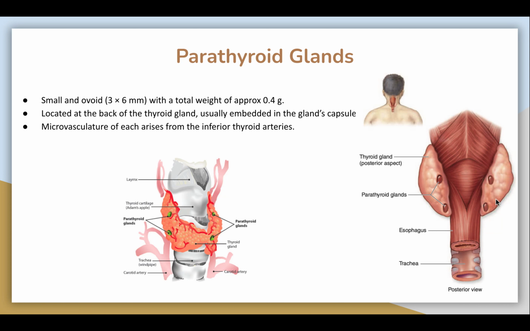And the blood supply arises from the inferior thyroid arteries. Okay? So, very important for the regulation of calcium, as parathyroid hormone goes into the bones, influencing the resorption of bone, increasing the levels of calcium.